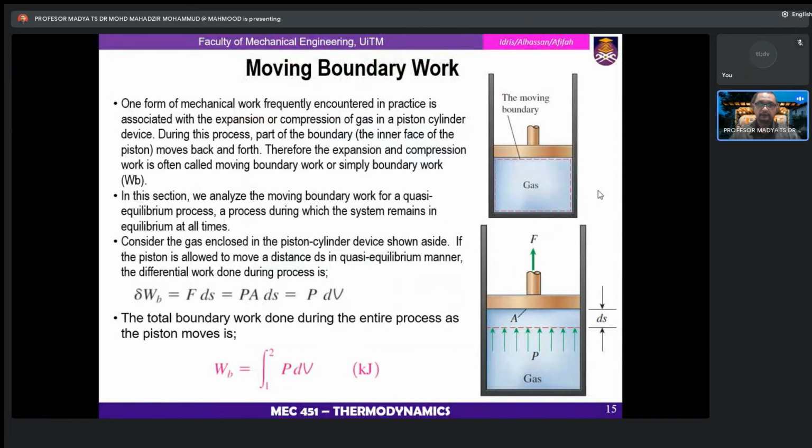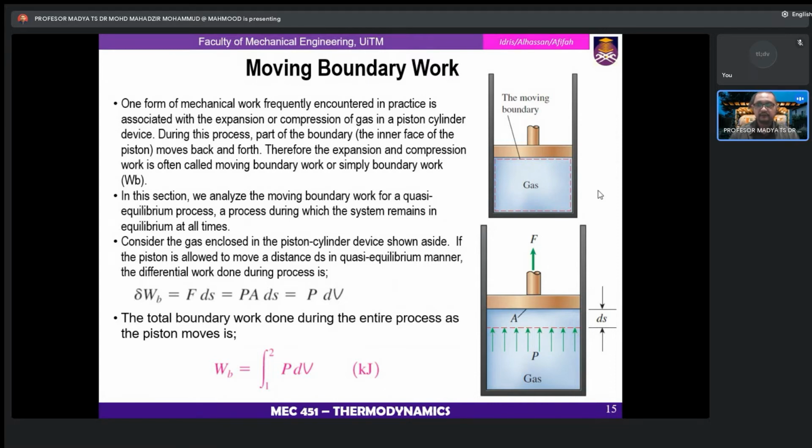Moving boundary work. This is actually one of the mechanical mechanisms that can produce work. It deals with the expansion or compression of gas in a piston cylinder device. So during this process, what happened?